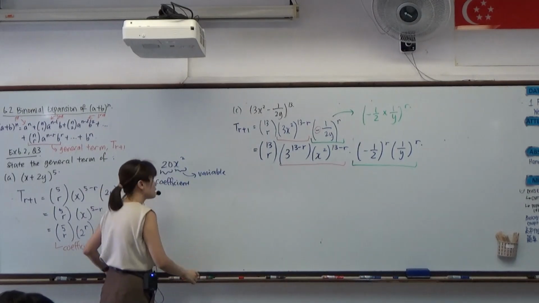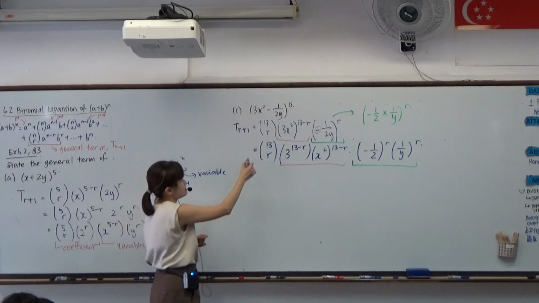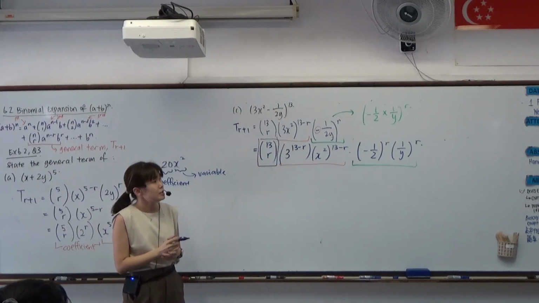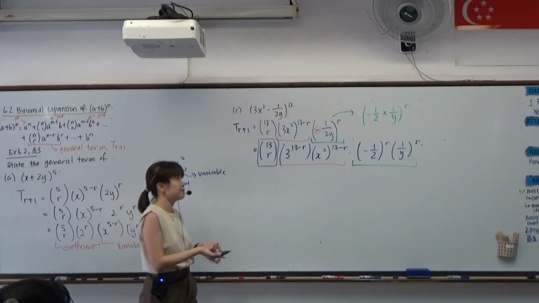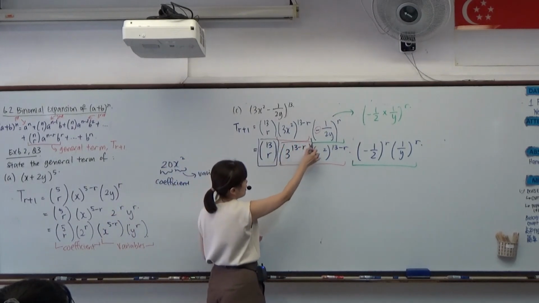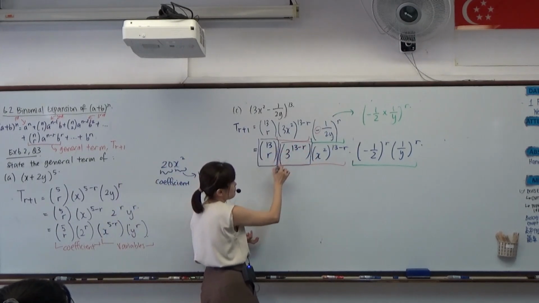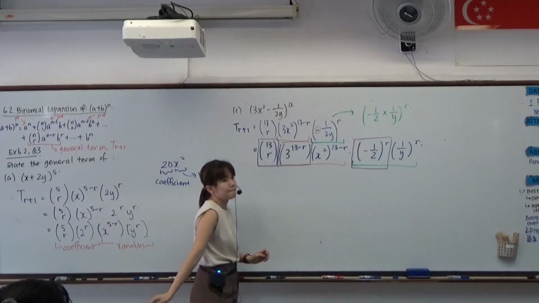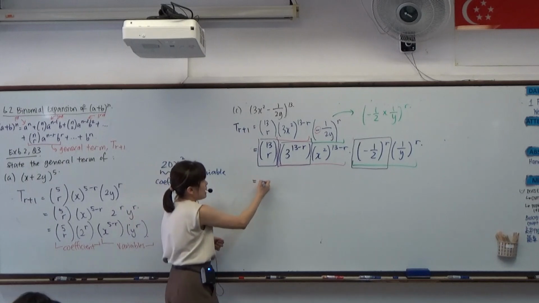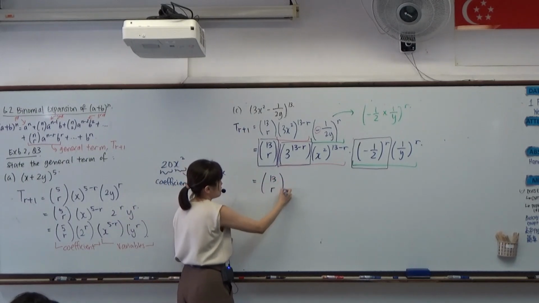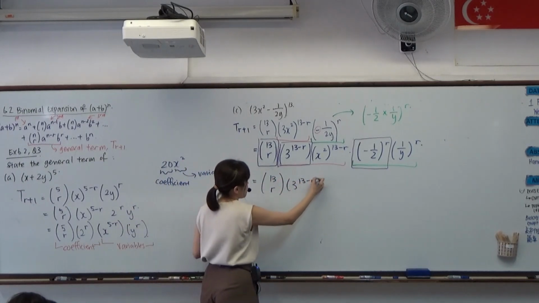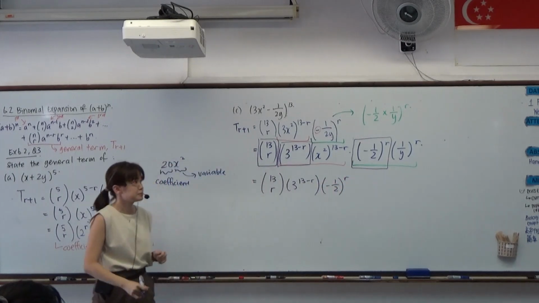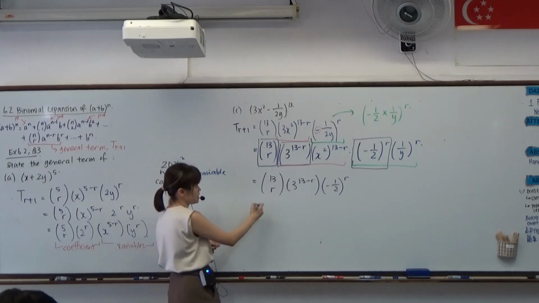We recognize that this is a number that will be part of our coefficient already. The rest that will be computable numbers, so long as I know what r is, will be this part and this part. So the purple parts will give me this. This is your coefficient section.